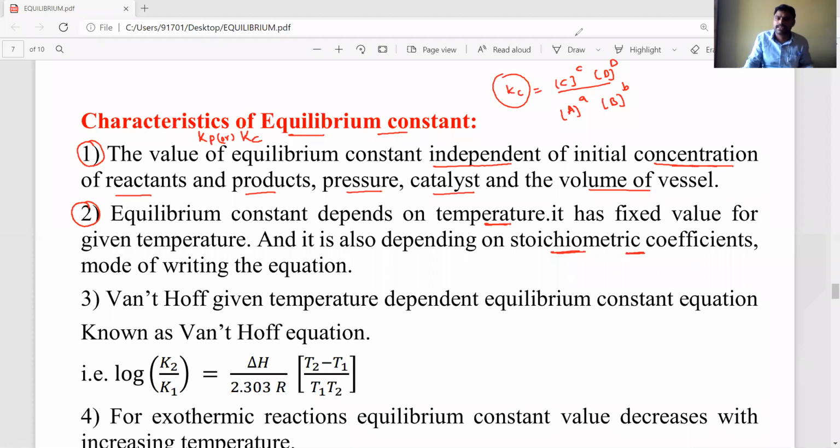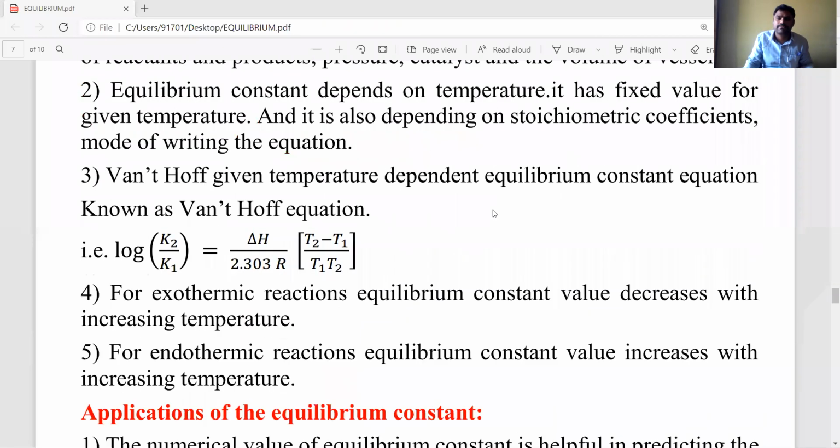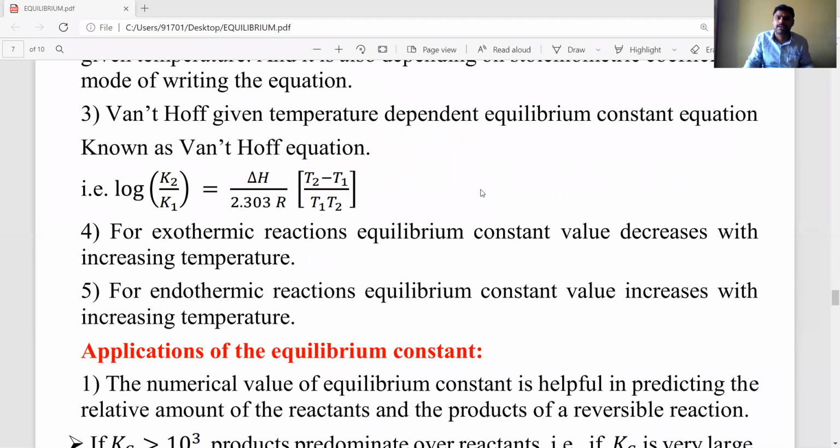Students, listen carefully. Based on temperature, Van't Hoff gave an equation for equilibrium constant values, known as the Van't Hoff equation. For a reversible reaction at different temperatures T1 and T2, the equilibrium constants are K1 and K2.